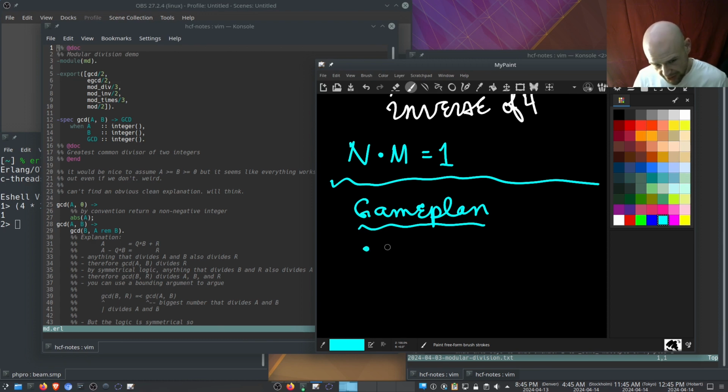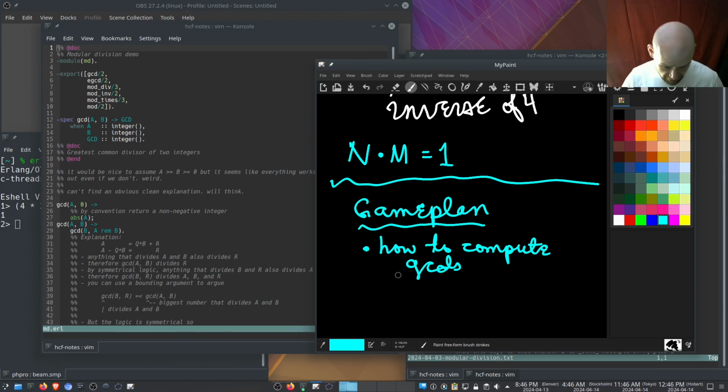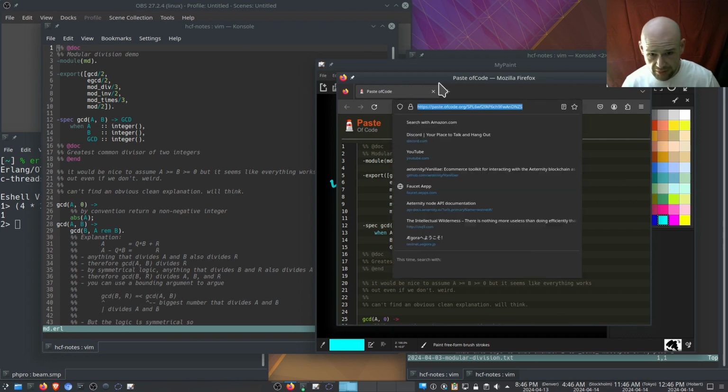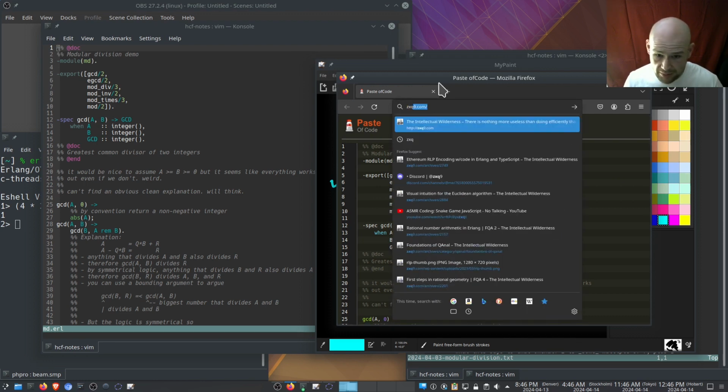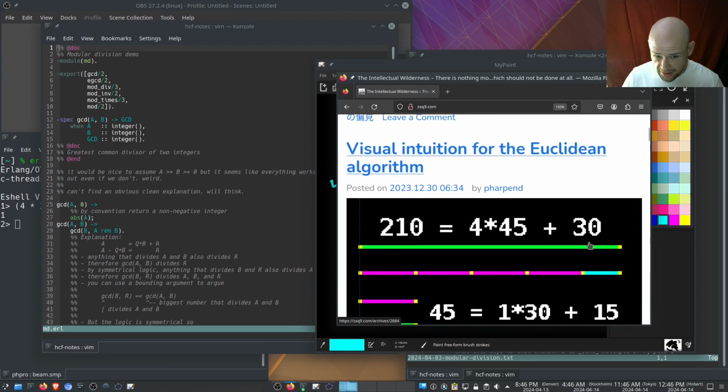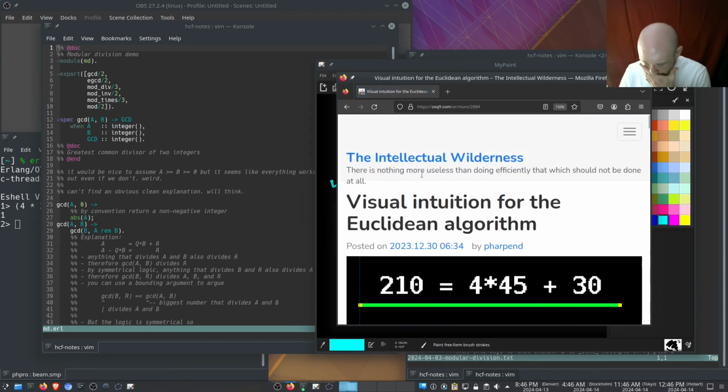So we're going to talk about how to compute GCDs. And let me just get into that pretty much straight away, because I can illustrate that really quickly. Here it is, visual intuition for the Euclidean algorithm.